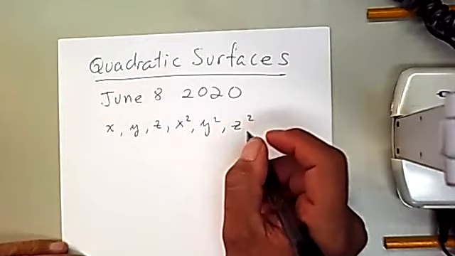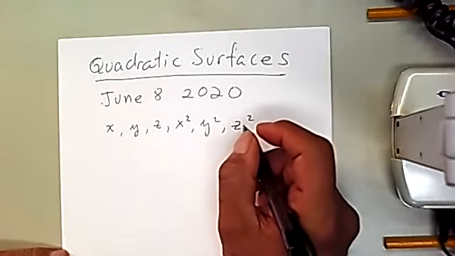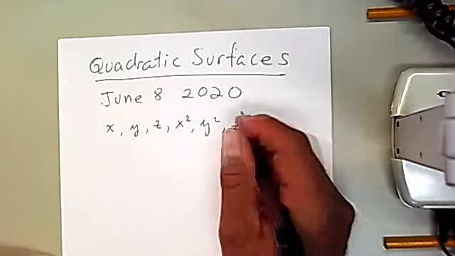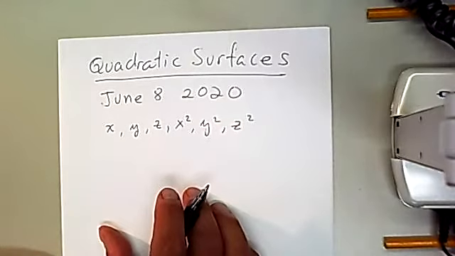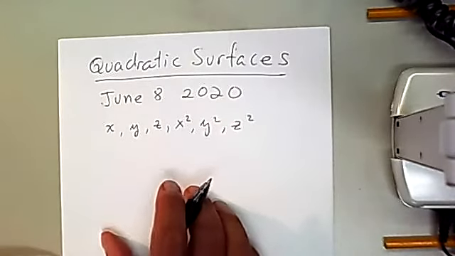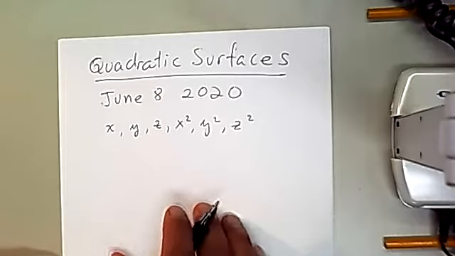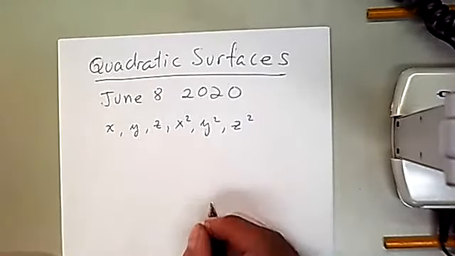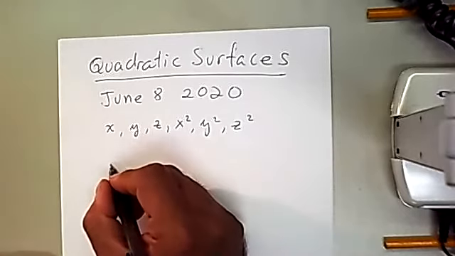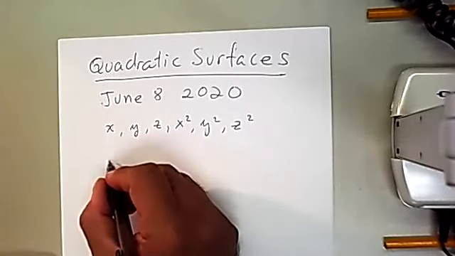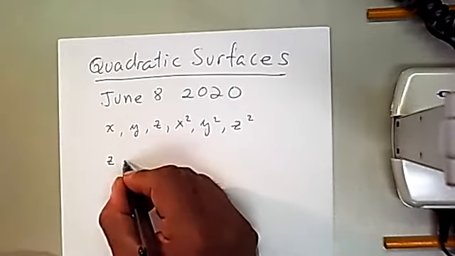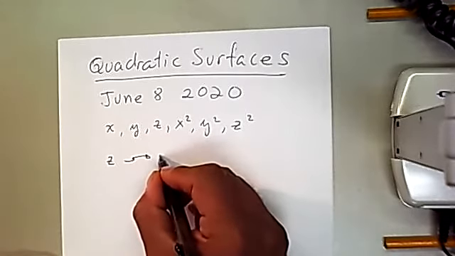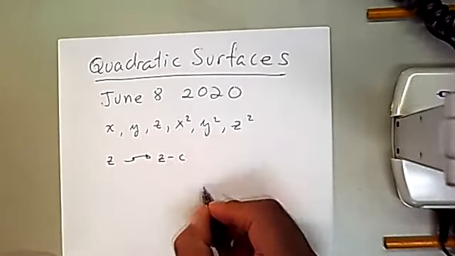However, if we shift the graph of an equation, say c units up, the way we achieve that is by changing every z into a z minus c.